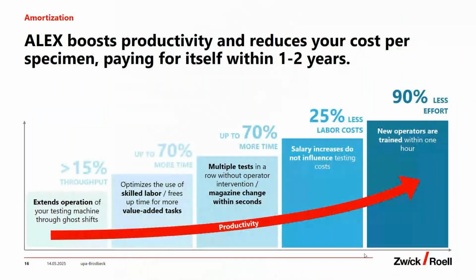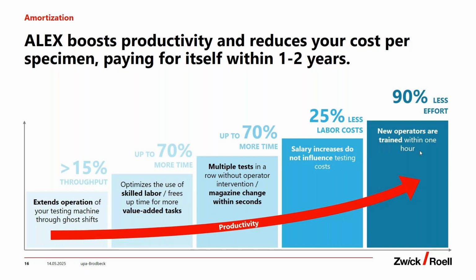And this is the big benefit: Alex boosts productivity and reduces your cost per specimen. What we are really claiming is that new operators are trained within 1 hour. So even if a new colleague is stepping in, he can instantly do some tests, more or less.